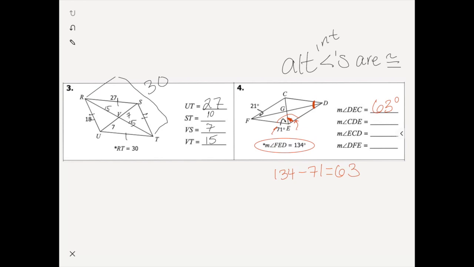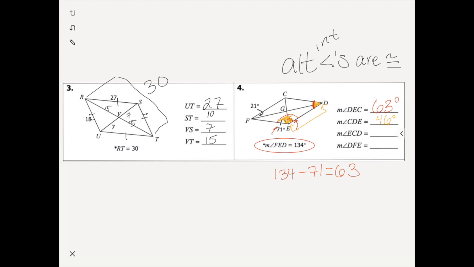So if you're looking at this four-sided figure, we know that this angle right here plus this angle right here need to add up to 180. So if we know that FED is 134, that means that angle plus this angle needs to add up to 180. So if you do 180 minus 134, you're going to get 46.